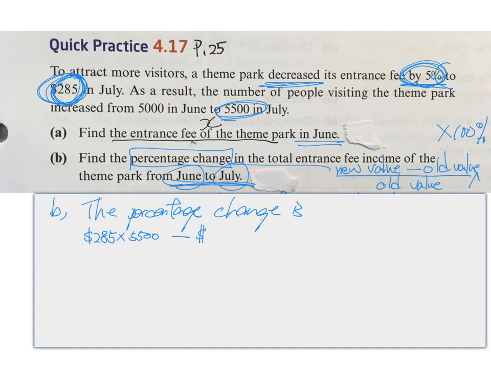The original value should be obtained from the results of part A. The entrance fee per person is 300, and how many of them? 5,000 visitors, over the original value, which means 300 times 5,000. This value times 100%.